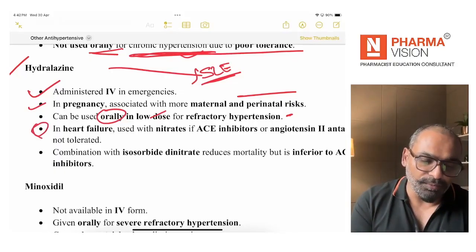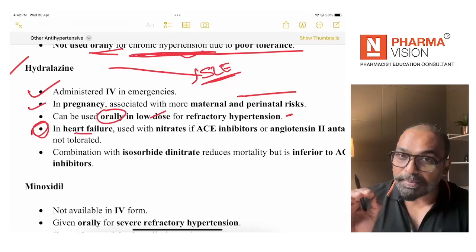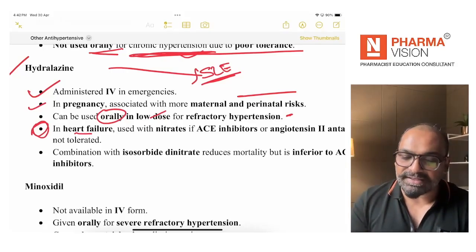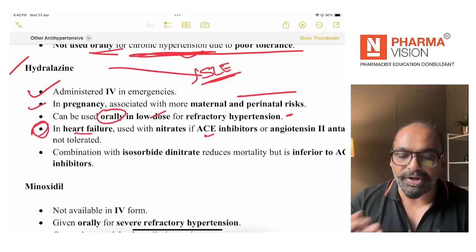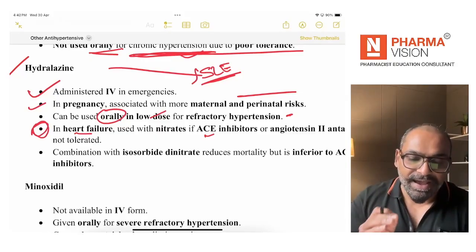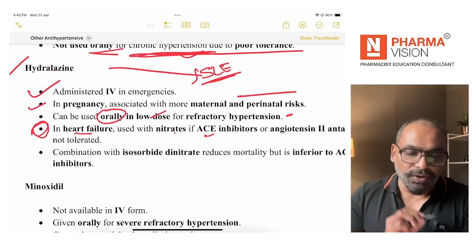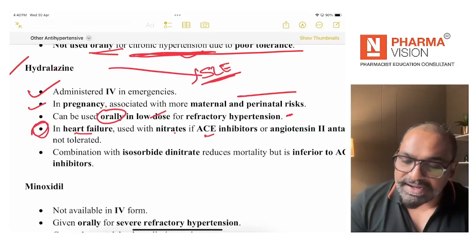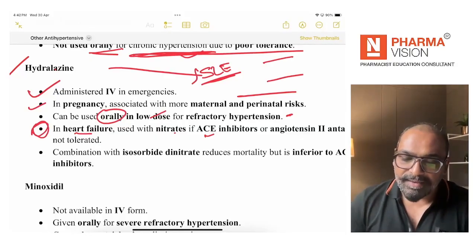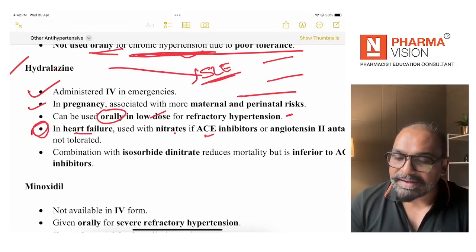This is a very important point: hydralazine in heart failure patients. In heart failure patients, normally we use ACE inhibitors, but if the patient is not able to tolerate ACE inhibitors or ARBs, in that situation we can give hydralazine with nitrates. So look carefully. Hydralazine dilates arteries and the nitrates dilate the veins.